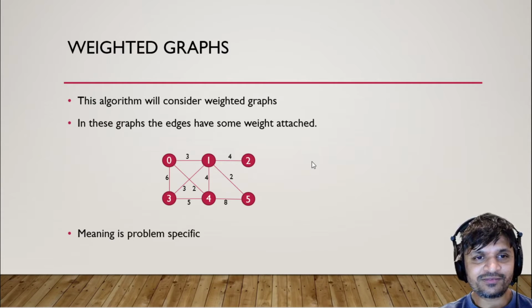So it's not a fixed definition for what that weight implies. Depending on the problem, you could have a different meaning to the weight of a graph. Currently, just think of it as some property of an edge which has a numerical value, and that's the weight of the edge.